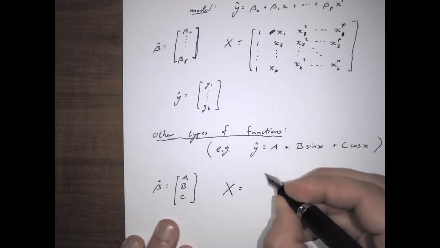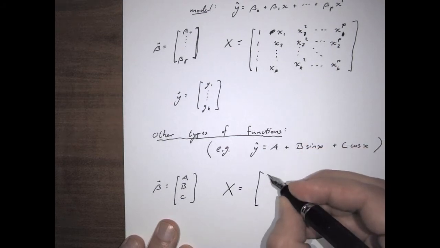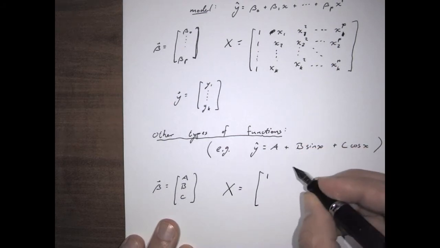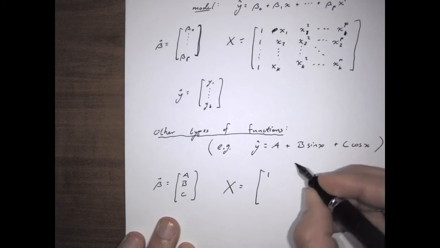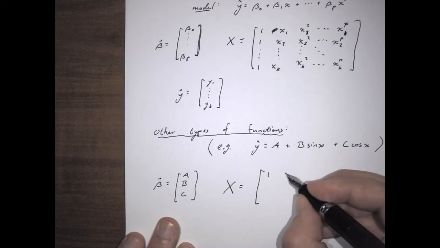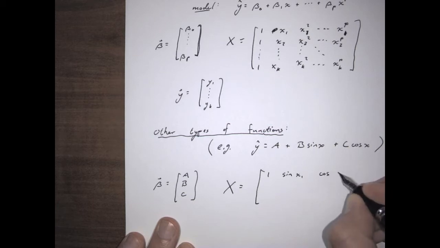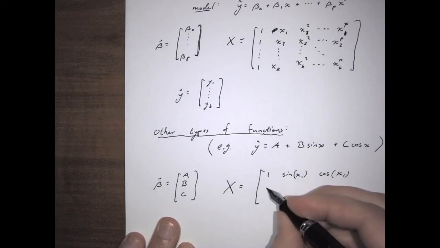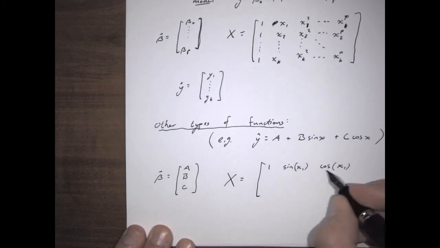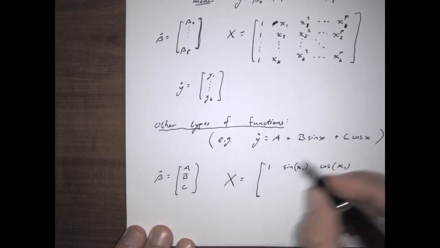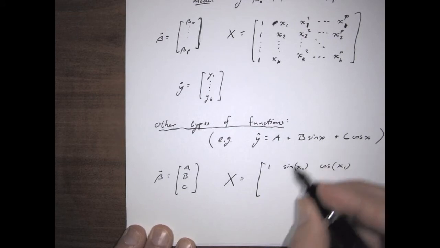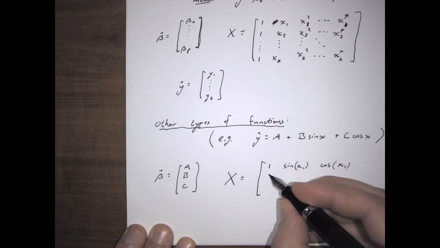The design matrix will be 1 for the coefficient of the a, the weight of the a. This will be sine x1. This will be cosine x1. So you'll just be taking the data value x1 and plugging it into sine and cosine to get the weights that will be applied to each of the parameters.